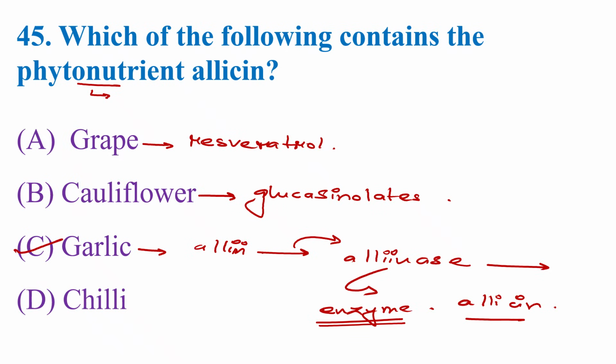Now this allicin is responsible for garlic smell, and it also provides good health benefits. Chili contains capsaicin, which provides pungency. So over here my correct option will be option number C, that is garlic.